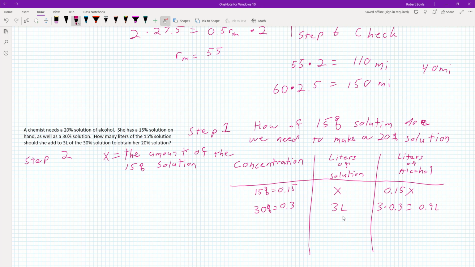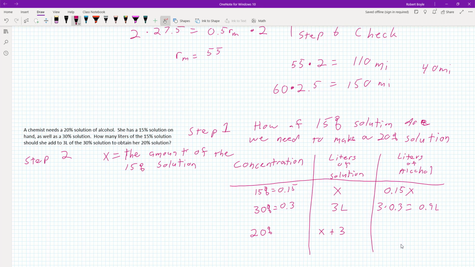Now we're going to add these two, and when we add them, we want to have a 20% solution. How much alcohol are we going to have? Whatever we got from the 15% solution, x, plus 3 for the 30% solution.